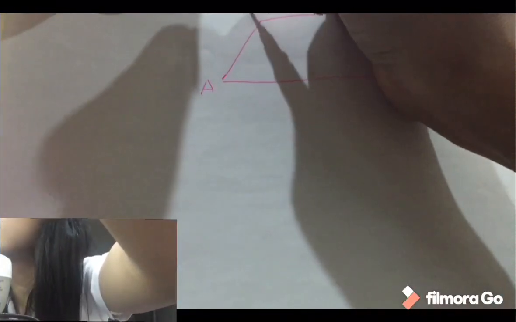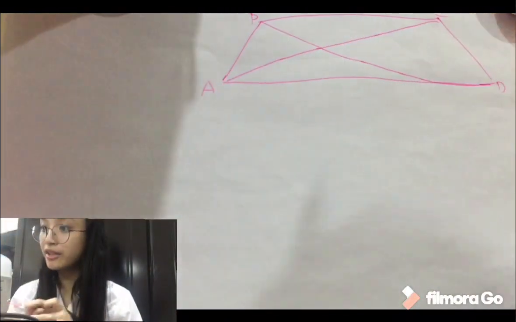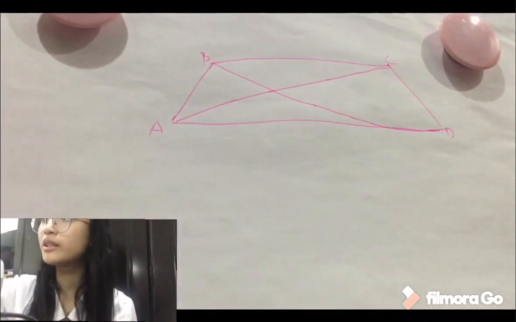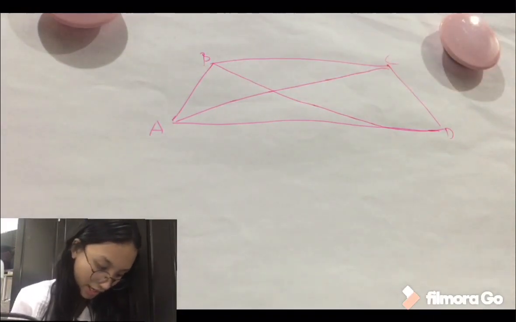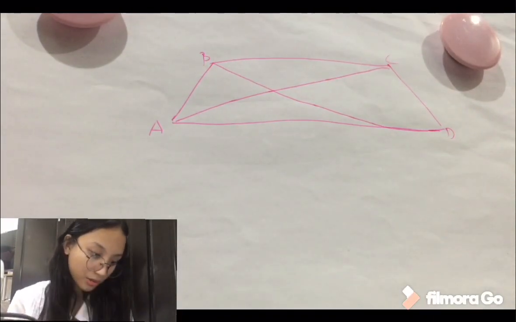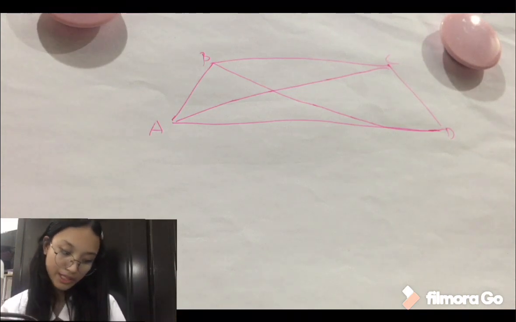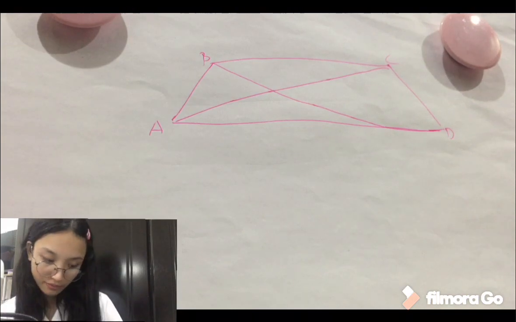Let us just say again that this is A, B, C, and then D. That is the diagonals, just like an X. It's a box with an X. So AC is congruent to BD.